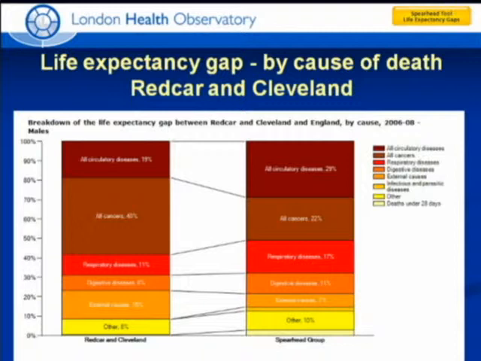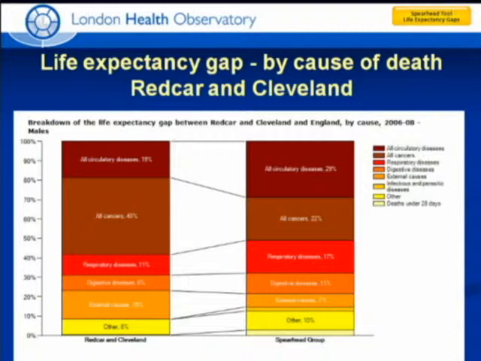Behind the tool is a life table for each local authority that works out their life expectancy. And to work out the contribution of each cause of death to the gap, for each local authority, we took out the deaths for each of these particular causes and substituted them with the England average deaths to work out what each cause of death was contributing to the gap.